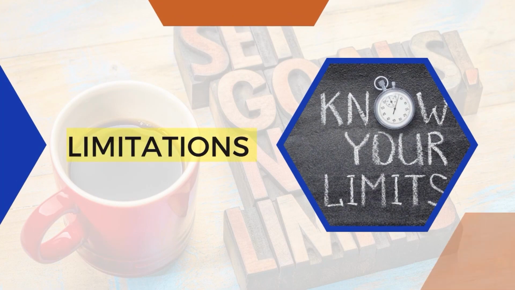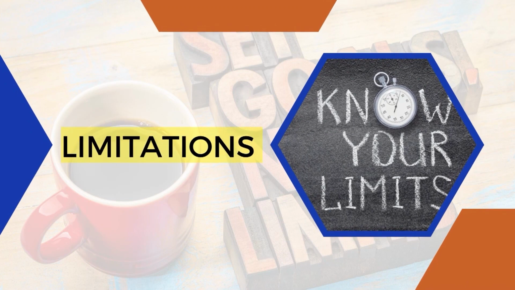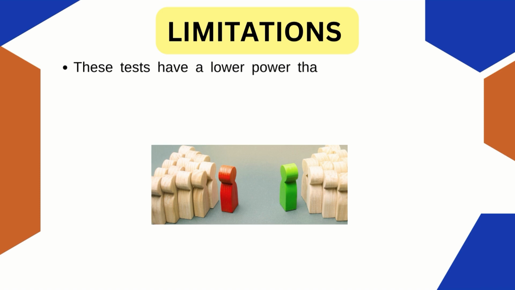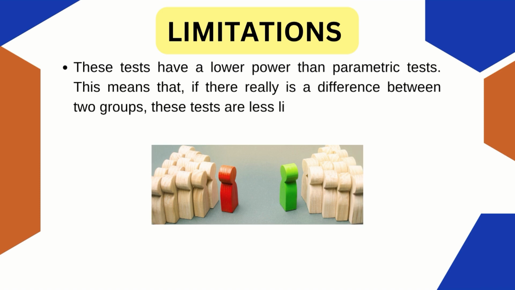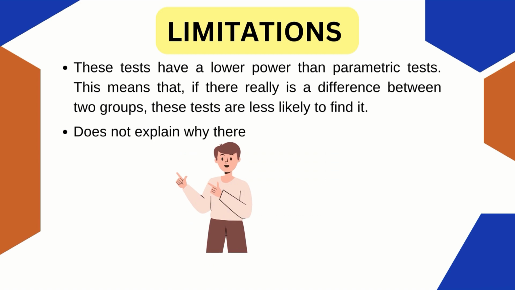Now, let us discuss the limitations. Any test has certain limitations. The first limitation of this Mann-Whitney U-test is these tests have a lower power than parametric tests. This means that if there really is a difference between two groups, these tests are less likely to find it. Second limitation is it does not explain why there is a difference.